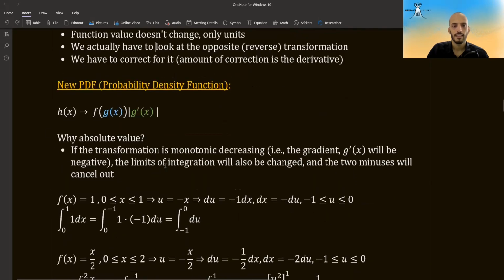Okay. Now, in the context of statistics, if we have a PDF for some random variable, and then we change this to a new function, let's say g of x, a new transformation.